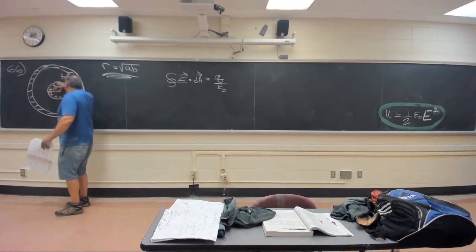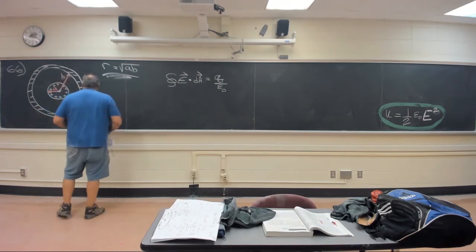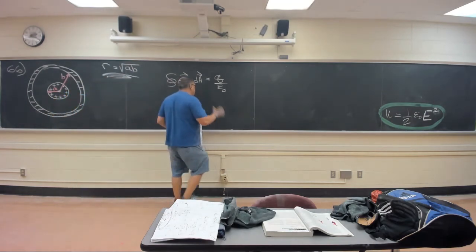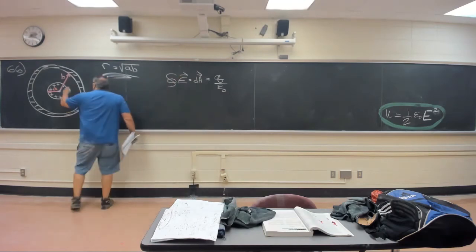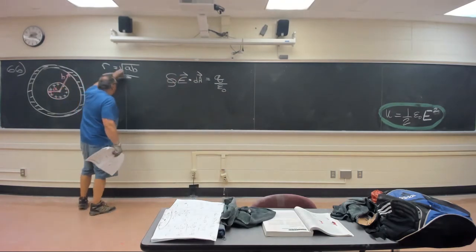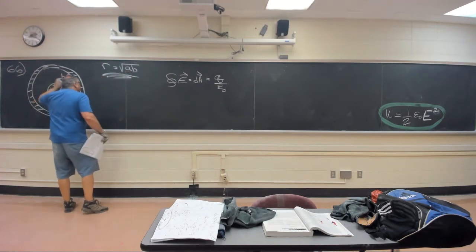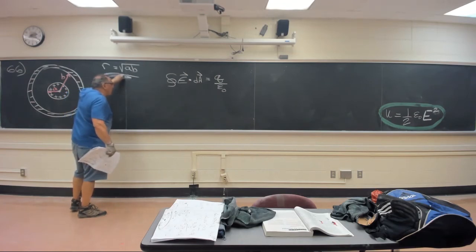So between radii a and b, there's a distance r, and it can vary. For a particular location, there is a radius r between the two, and we're going to prove this is going to have half the potential energy within this thing if you can find the radius. And we're going to say the radius is going to be the square root of the product a times b.